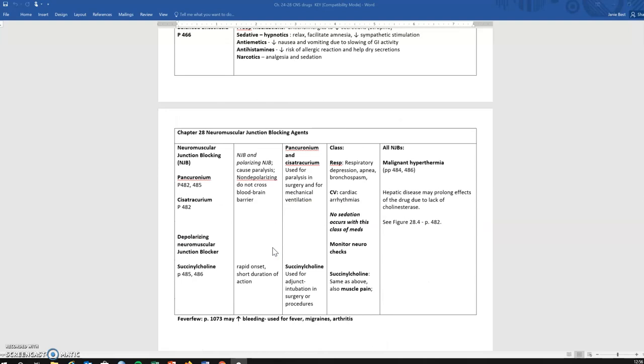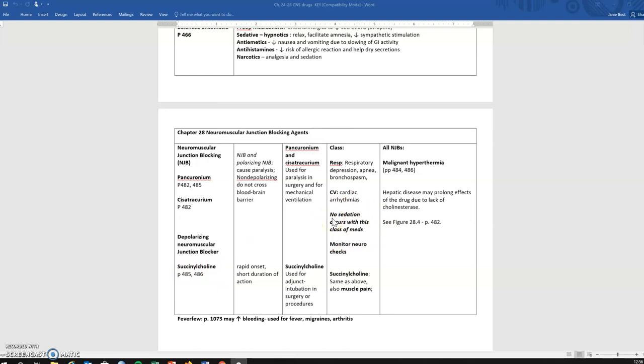Chapter 28 discusses neuromuscular blocking agents. Pancuronium and cisatracurium are used to block and cause paralysis. And you need to know that with all of this class of drugs, whether they are nondepolarizing or depolarizing neuromuscular blocking agents, none of these cause sedation.